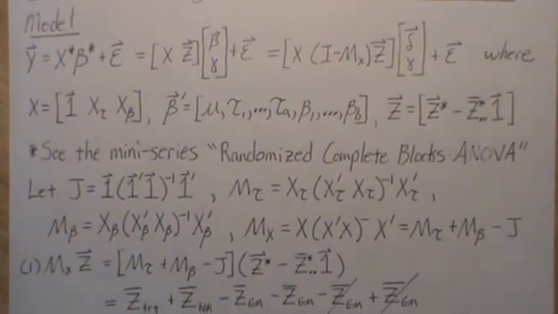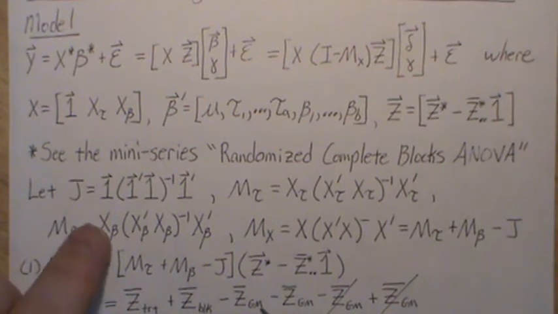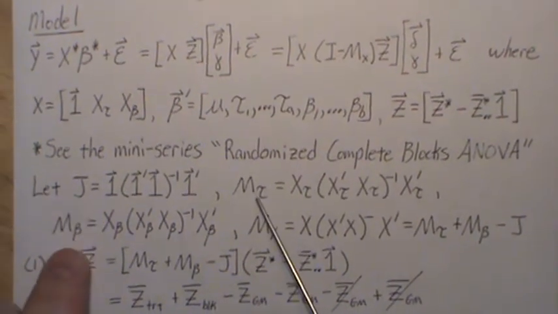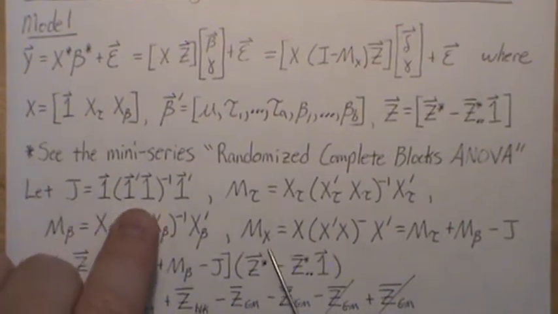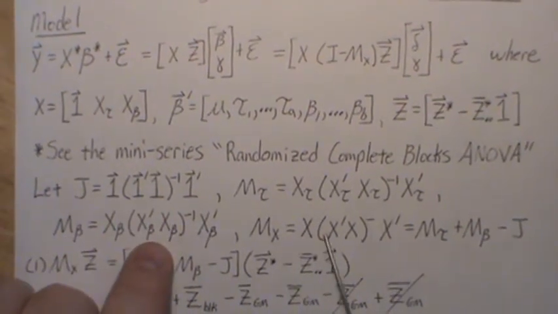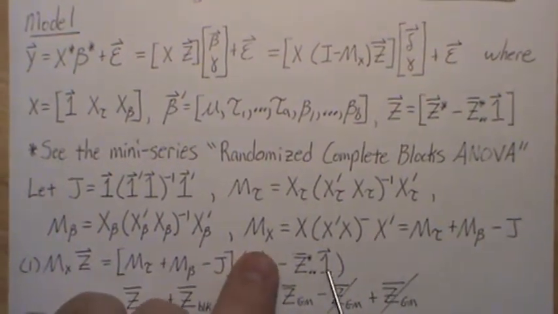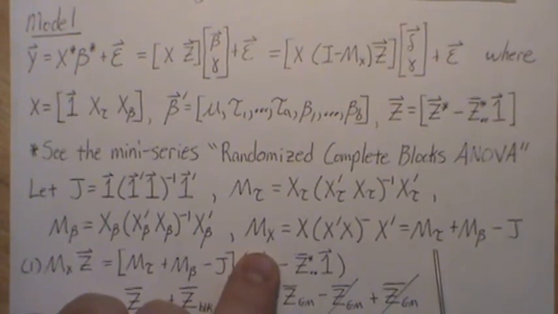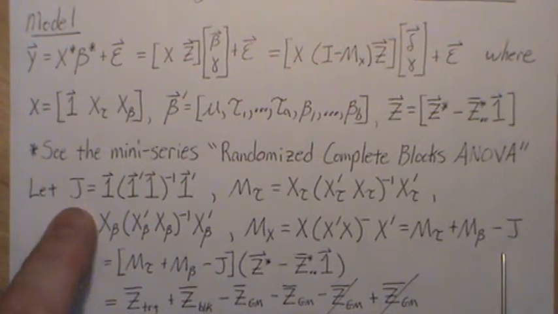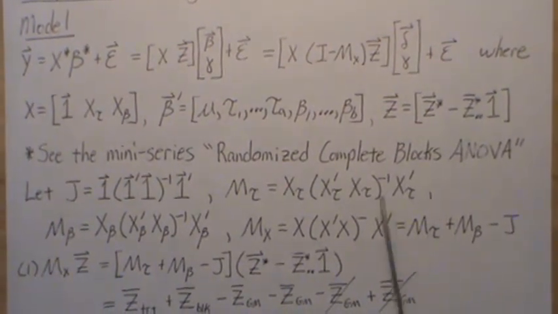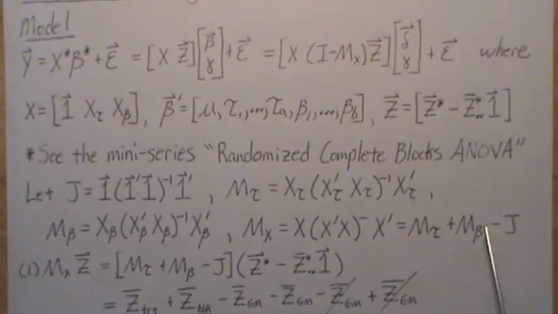Here we're going to let perpendicular projection matrices J, M tau, M beta, and Mx equal their corresponding values. We also derived that Mx was M tau plus M beta minus J. And all this is derived in this video here.